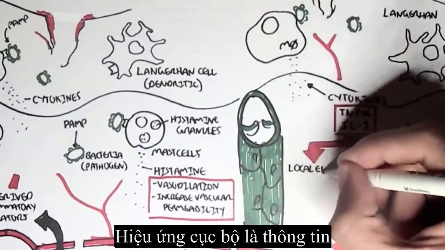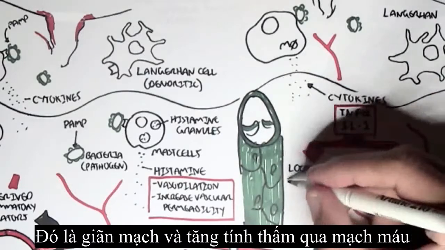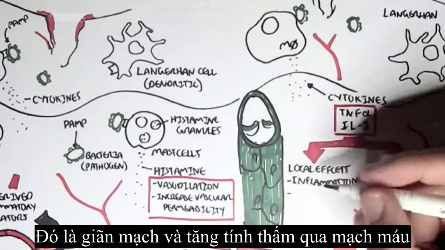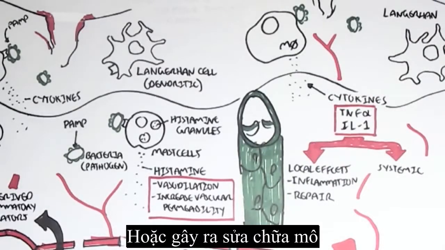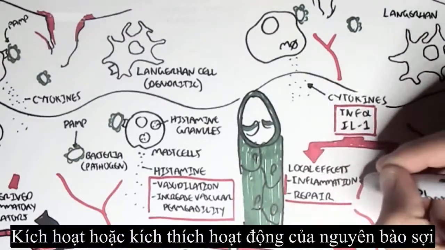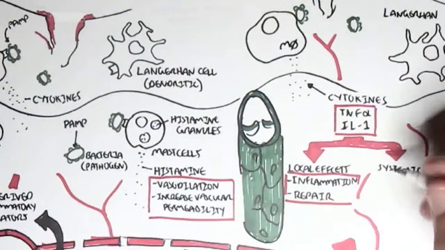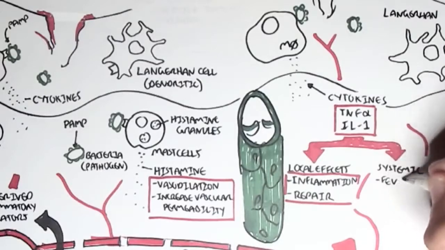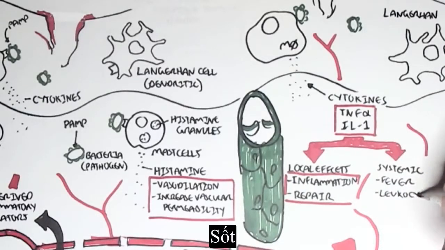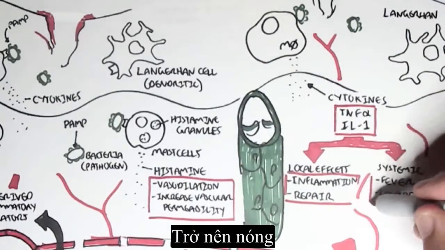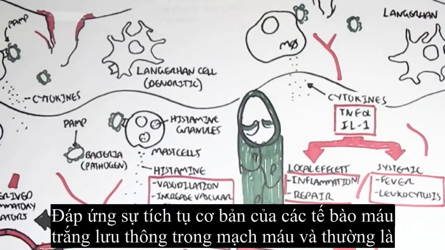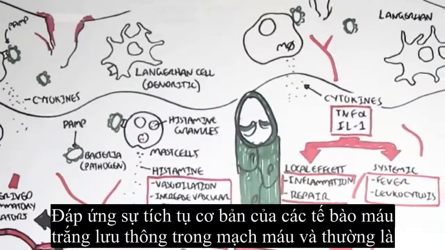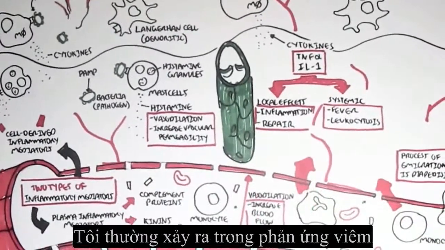The local effect is inflammation, which is vasodilation and increased vascular permeability. The cytokines will also cause tissue repair by stimulating fibroblast activity. The systemic effects include a fever, so becoming hot, as well as leukocytosis, meaning the accumulation of white blood cells circulating within the blood vessel, which usually happens during an inflammatory response.